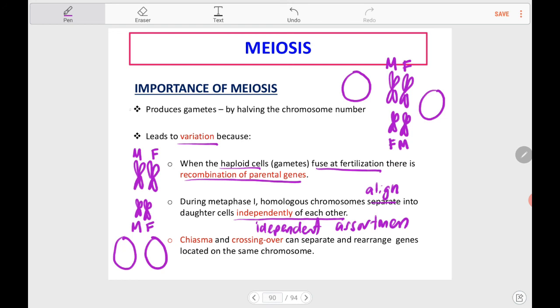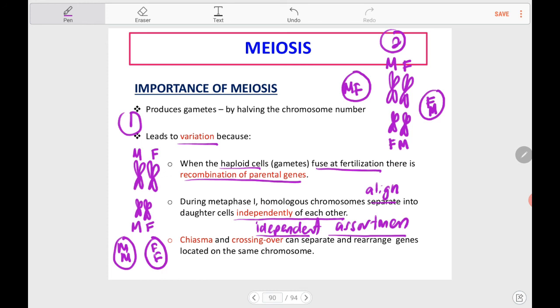Okay, so in the first example, sebelah kiri ada combination of mak dengan mak, sebelah kanan ada bapa dengan bapa. So in the second example, sebelah kiri ada combination of mak dengan bapa, sebelah kanan pun ada combination of mak dengan bapa. So different combination of chromosomes in the daughter cell due to the act of independent assortment.